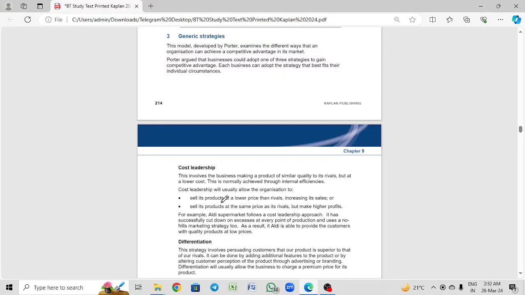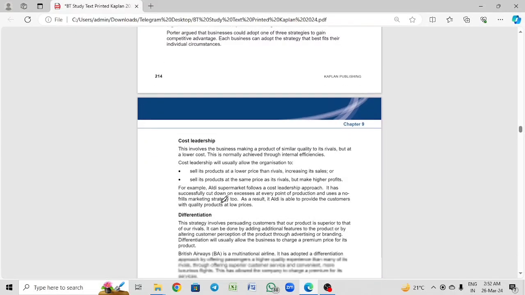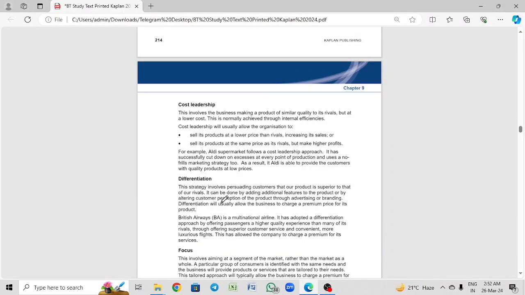ठीक है, number one is the cost leadership. By the name suggests, cost leaders, that we are the cost leaders, means that we give the same type of product. Okay, we give it in the same price but at a lower cost. For example, if I'm selling a shirt at rupees 1000, which is almost similar to what my competitor is selling at the same price, that is 1000.